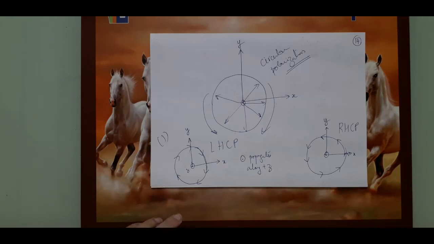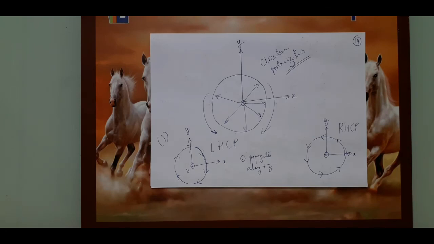So in today's class we looked at the solution for the wave equation. We saw that interestingly it is very similar to the solution for voltage and current on a transmission line, in particular a lossless transmission line. Just like the velocity of the wave in a transmission line is 1 by under root of LC, we saw that the velocity of a wave in the medium is 1 by under root mu times epsilon.